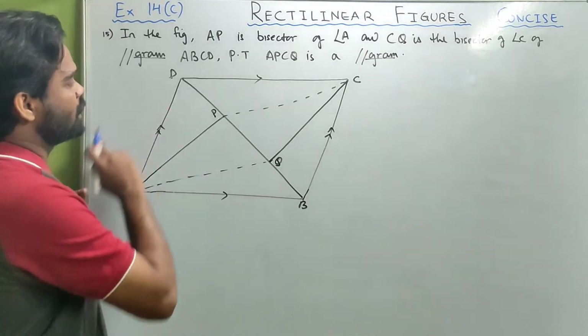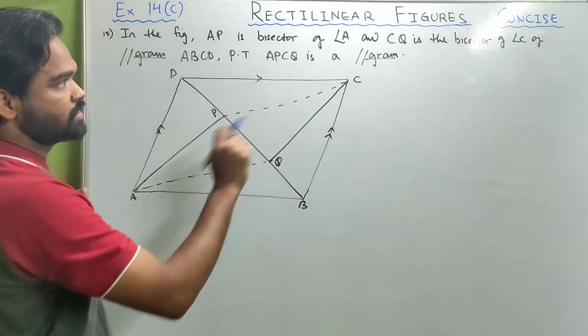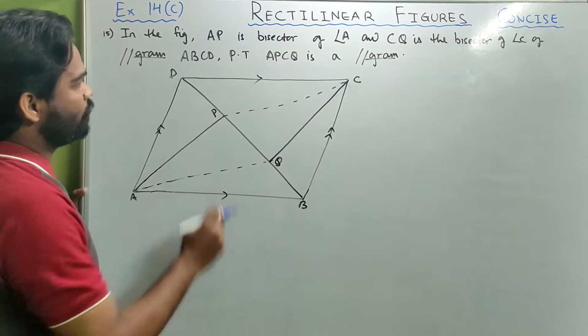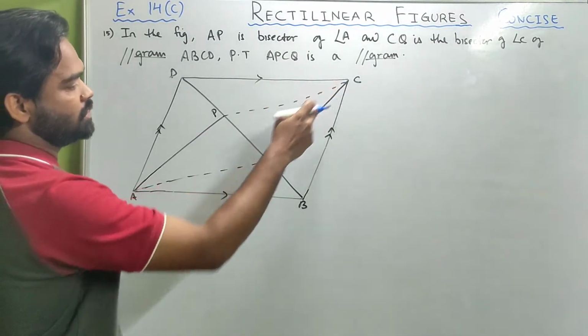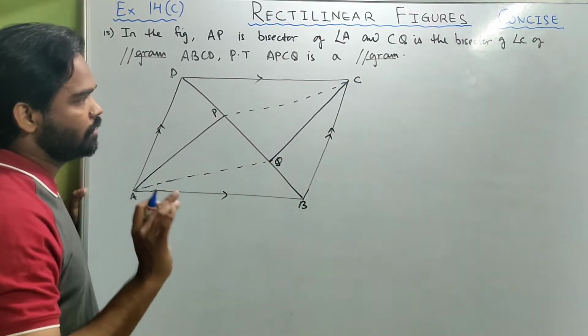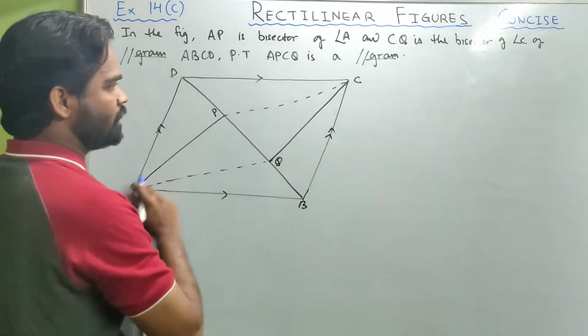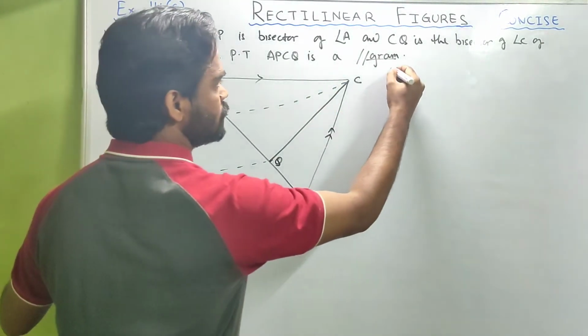Very interesting. In the figure, AP is the bisector of angle A and CQ is the bisector of angle C of a parallelogram ABCD. Prove that APCQ is a parallelogram. Now look, first of all, angle A and angle C will be equal, isn't it? Because in a parallelogram the opposite angles are equal.